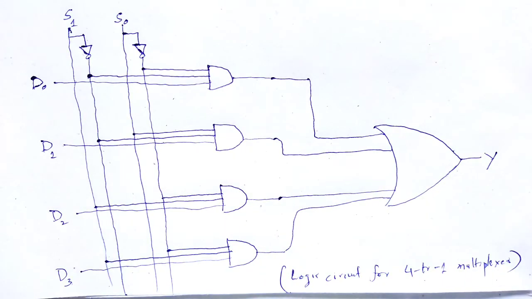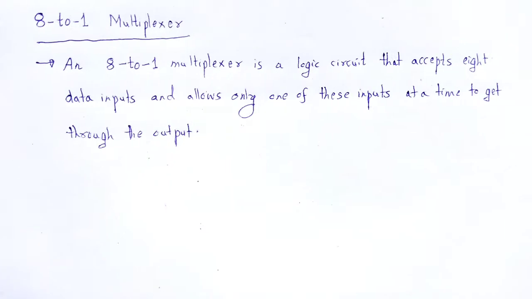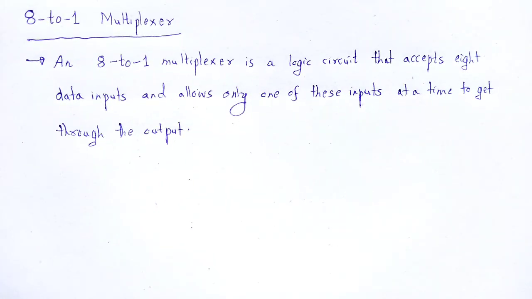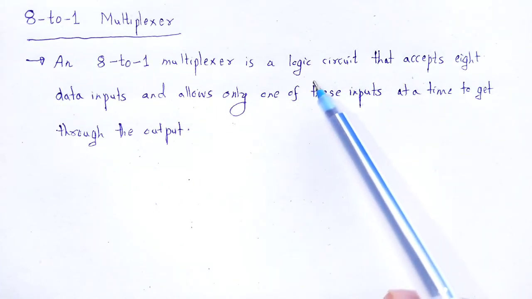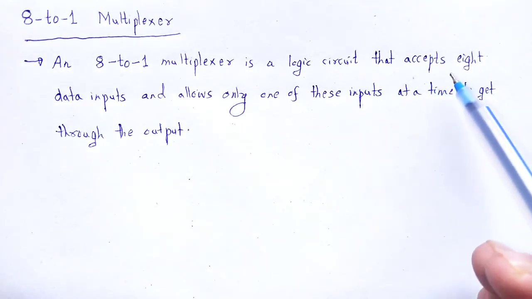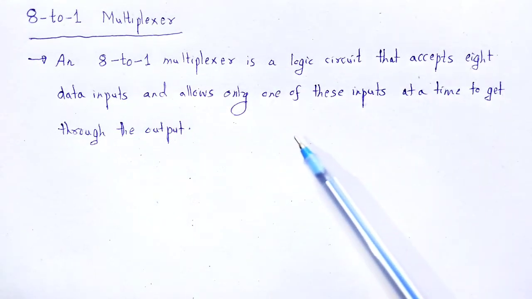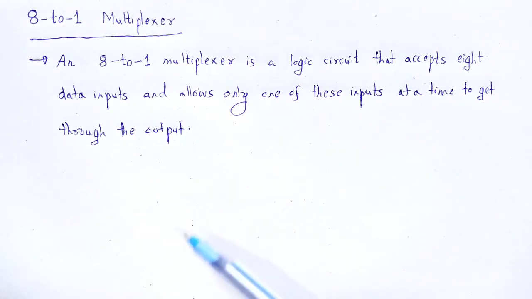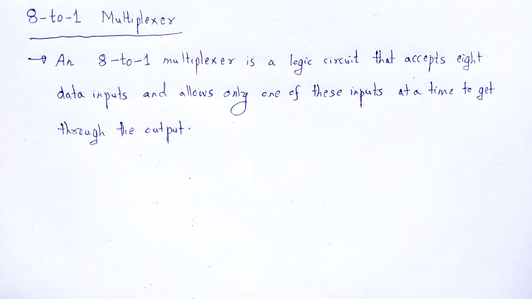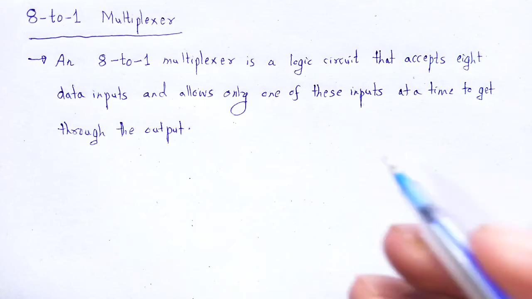Another type of multiplexer is the 8 to 1 multiplexer. As its name indicates, an 8 to 1 multiplexer is a logic circuit that accepts 8 data inputs and allows only one of these inputs at a time to get through to the output. We can easily show it by using its block diagram.